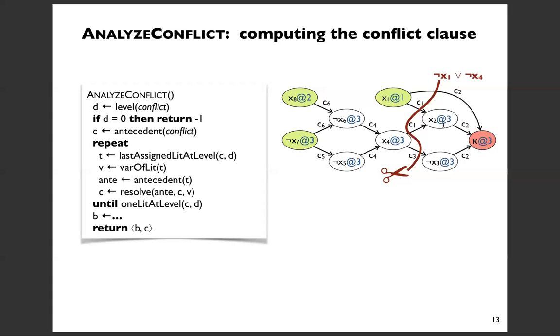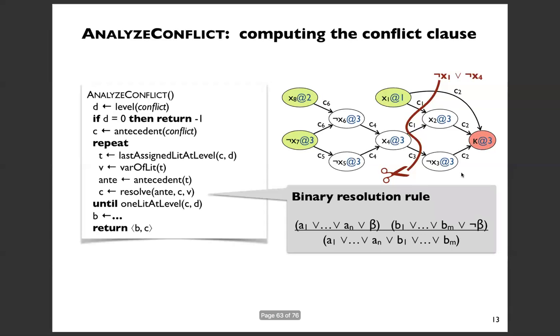Whenever you resolve two clauses on a particular variable, you always get something that keeps the conjunction of those two clauses satisfiable, regardless of the assignment to X2, because X2 appears in opposing polarity in them. So the resolution of C1 and C2 gives a clause that ensures the satisfiability of C1 and C2 irrespective of the implied decision on X2, because the decision implied by C1 on X2 conflicts when plugged into C2.